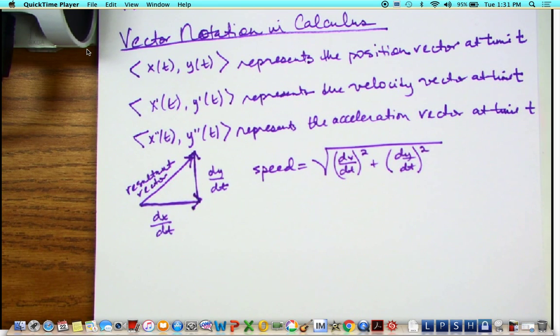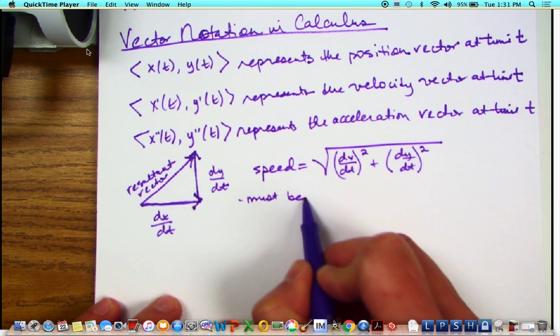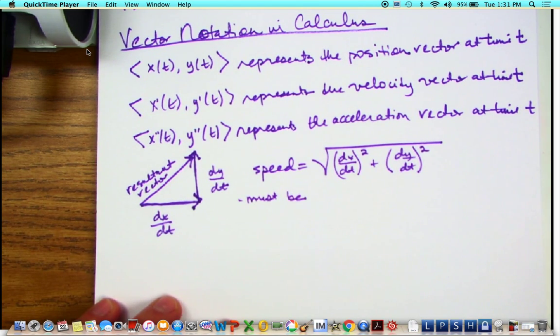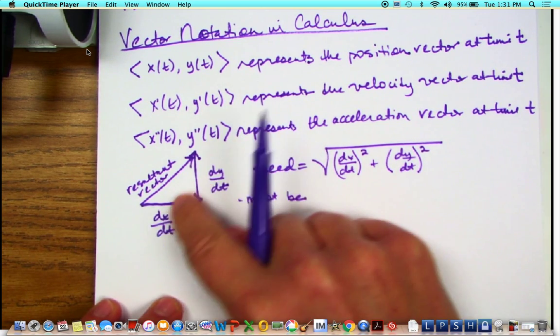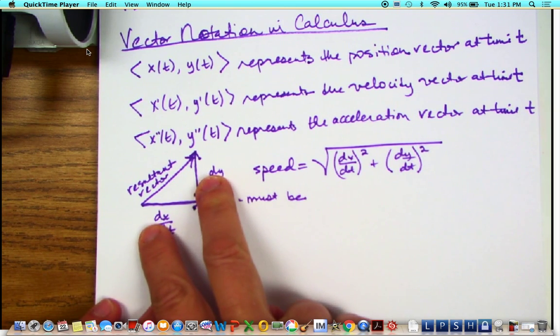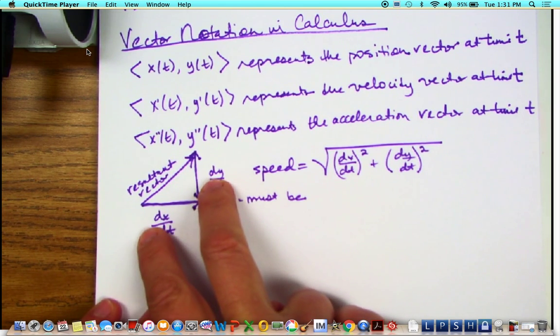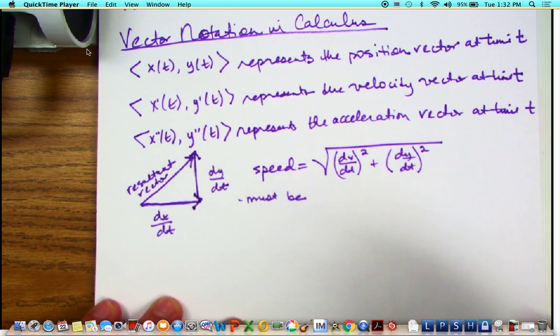And it has to be calculated at some value of t. Okay? It's not arc length because we're not summing it together, right? So this is simply the Pythagorean theorem. But because these are rates right here, and you're doing the Pythagorean theorem on rates, this will also be a rate. Okay?